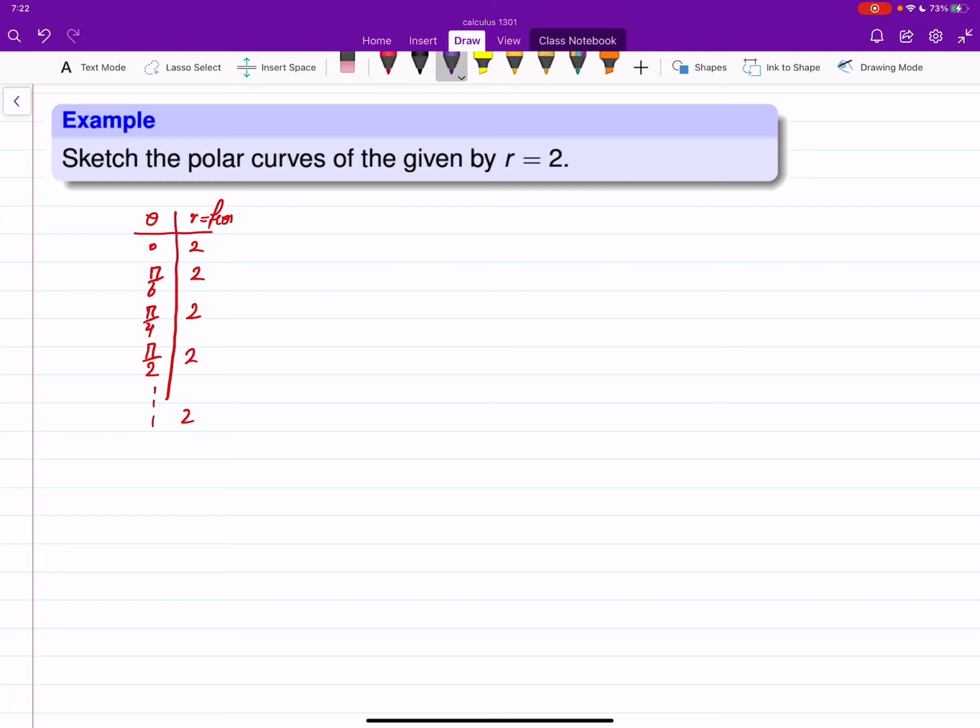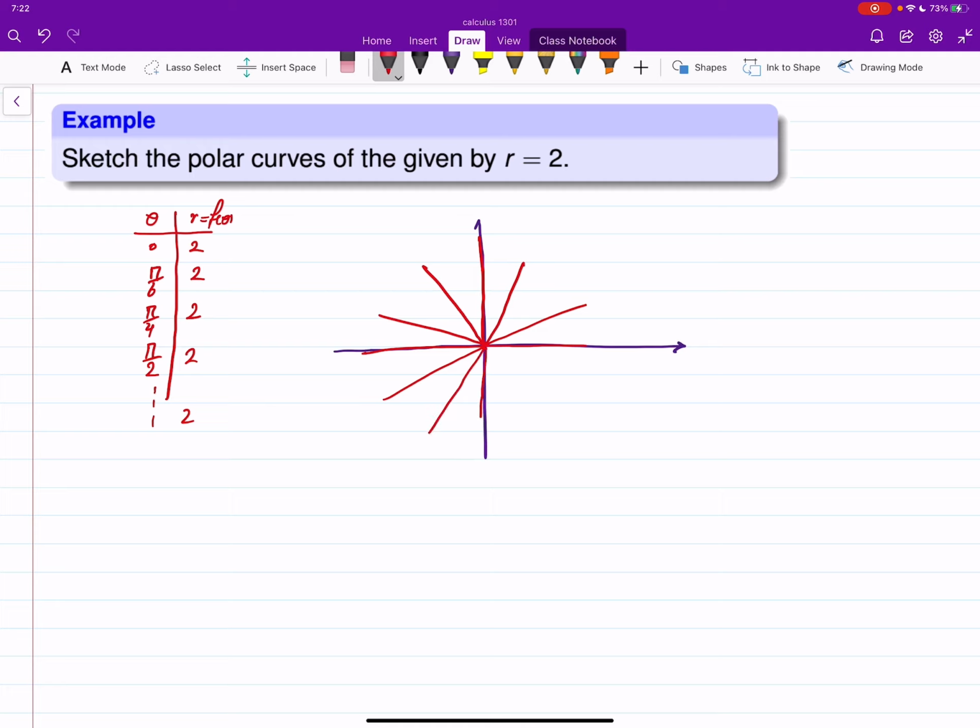If you plot these points, for every angle we always get the same number r.